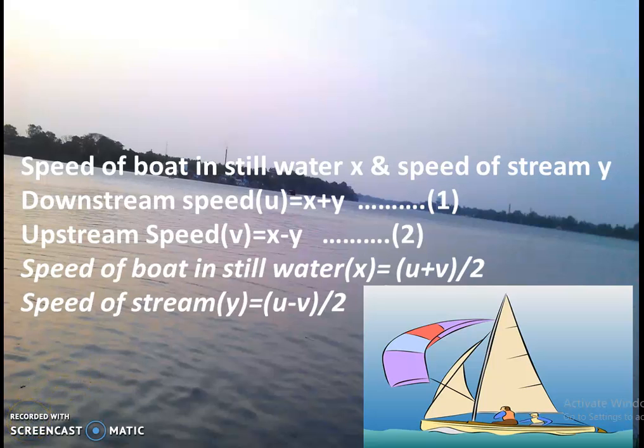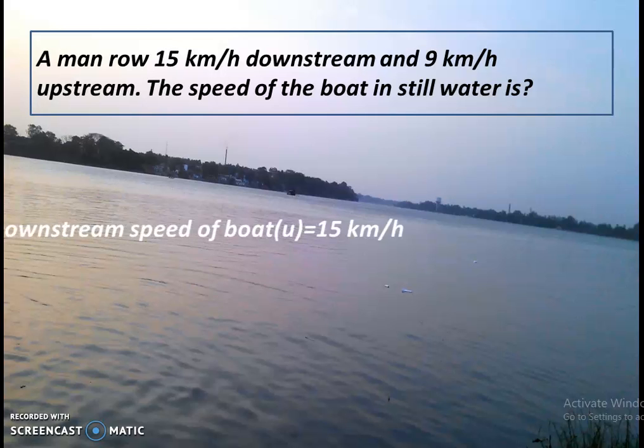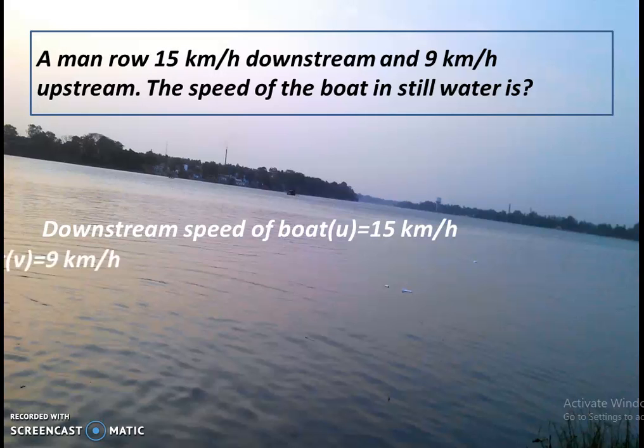Now let's solve some of the questions. Question 1 is, a man rows 15 km per hour downstream and 9 km per hour upstream. The speed of the boat in still water is. In this scenario, downstream speed is given, that is 15 km per hour. Upstream speed is also given, that is 9 km per hour.